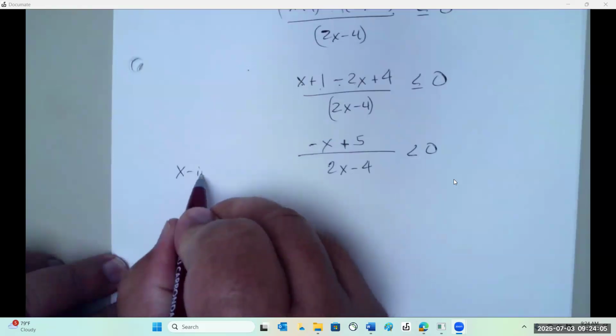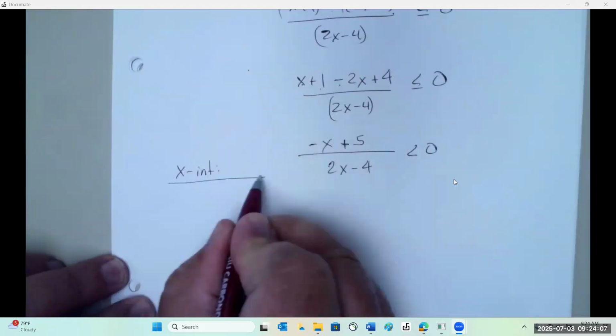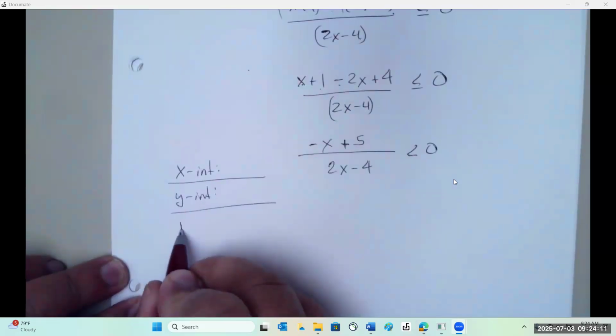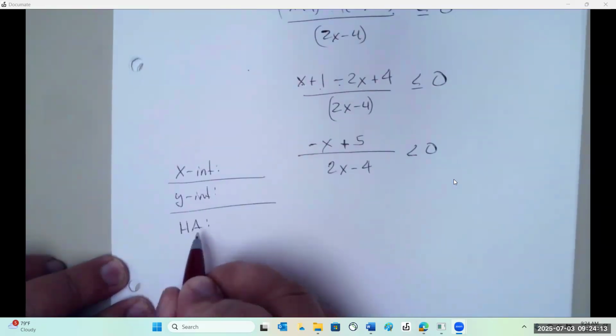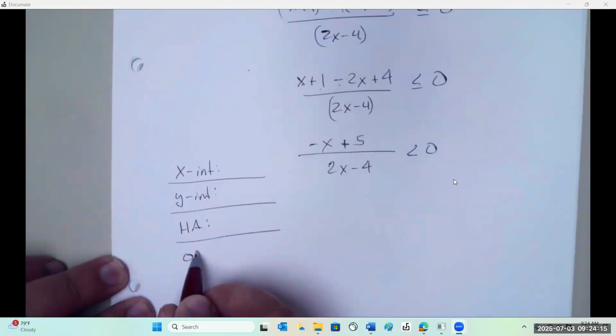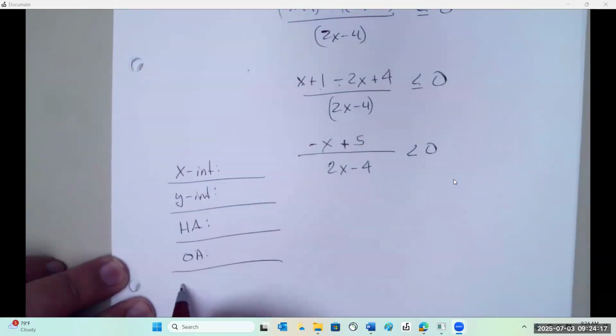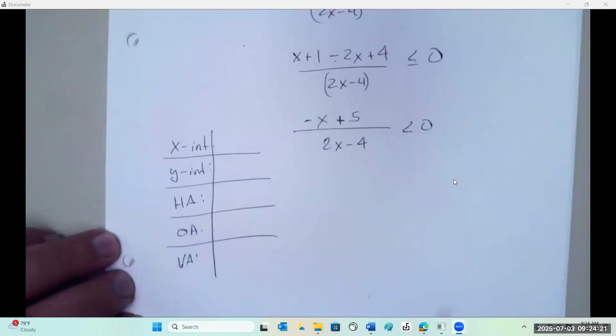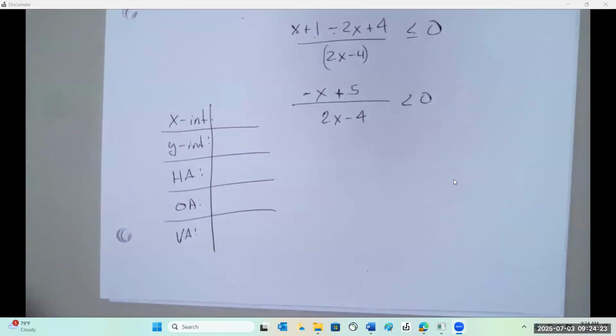We are now looking for the x-intercept, the y-intercept, the horizontal asymptote, oblique asymptote, and vertical asymptote. The x-intercept.